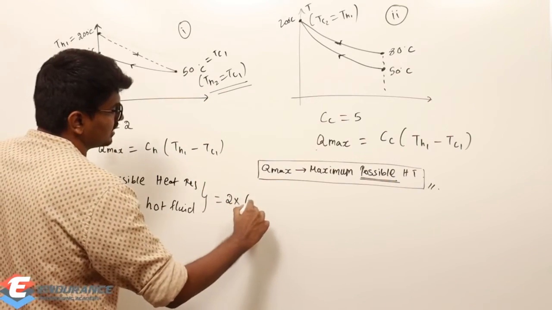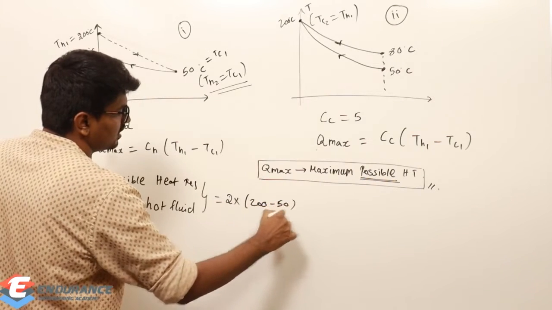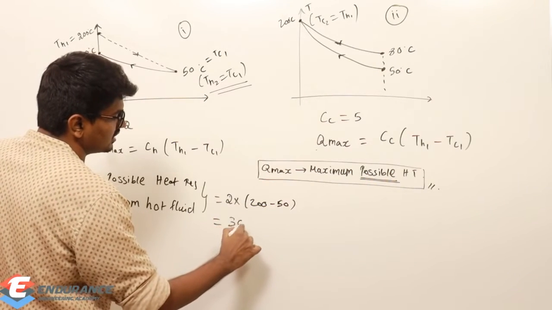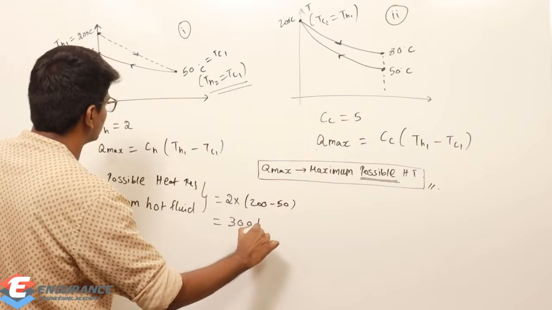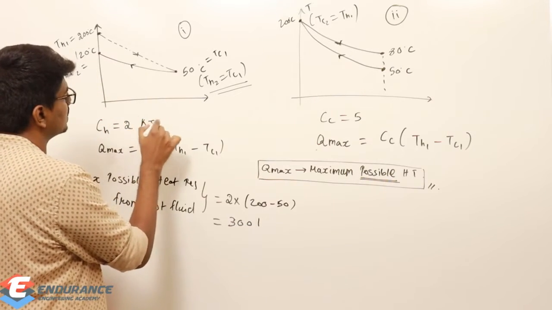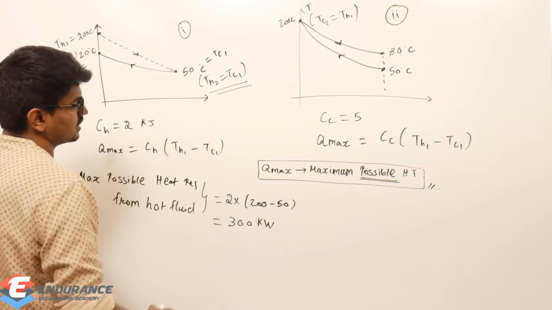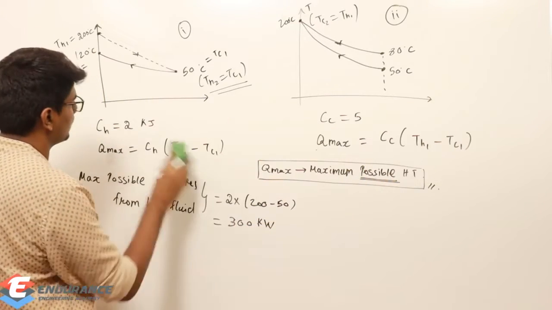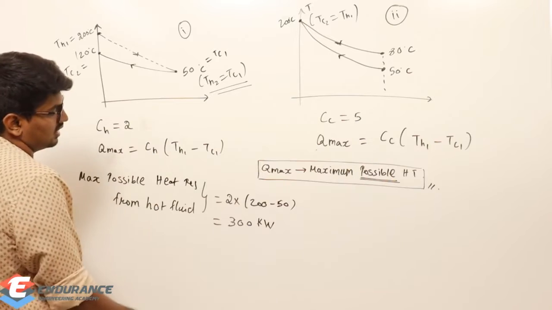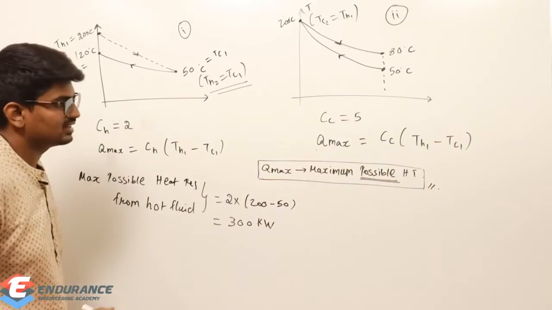So 200 minus 50 is 150. That's going to be 300 kilowatt. This unit was in kilojoule, so it is kilowatt. Fine. Now, this is the maximum possible heat rejected from the hot fluid.